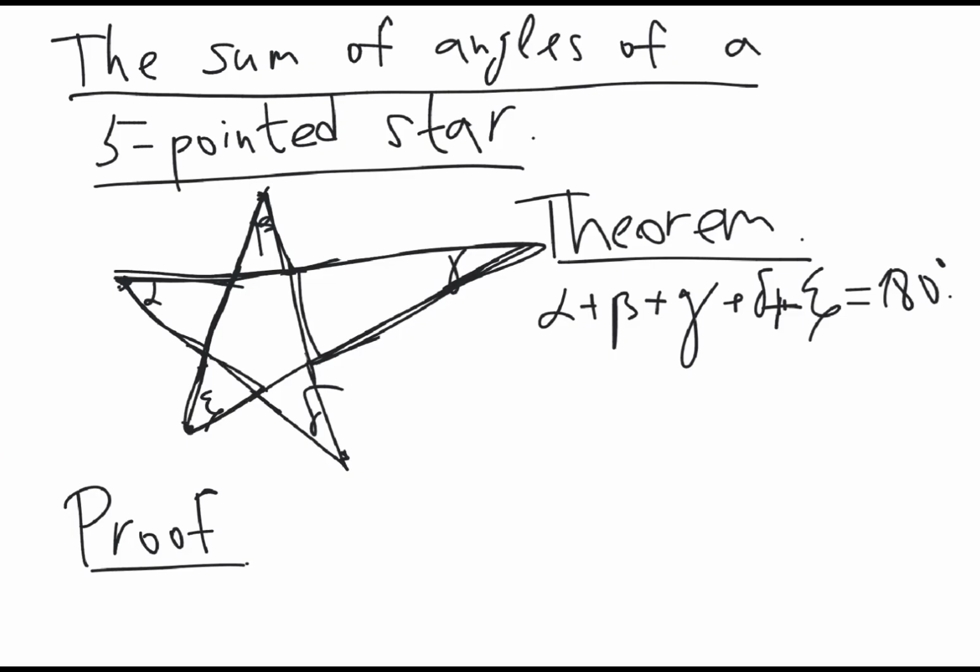There are not enough Greek letters for all the angles, so we will use regular Latin letters. So let's say that this is angle A, this is angle B, this is angle C, this is angle D, and this is angle E.